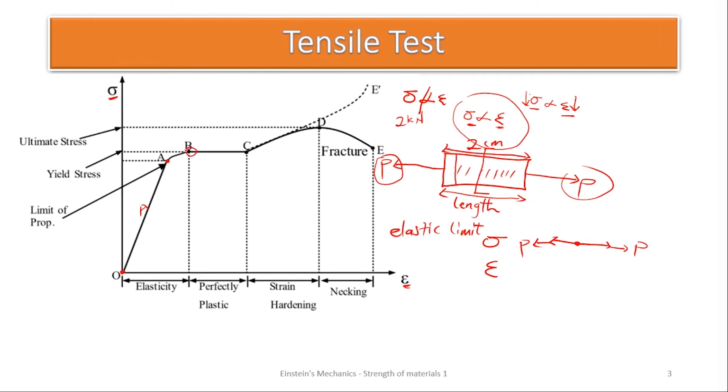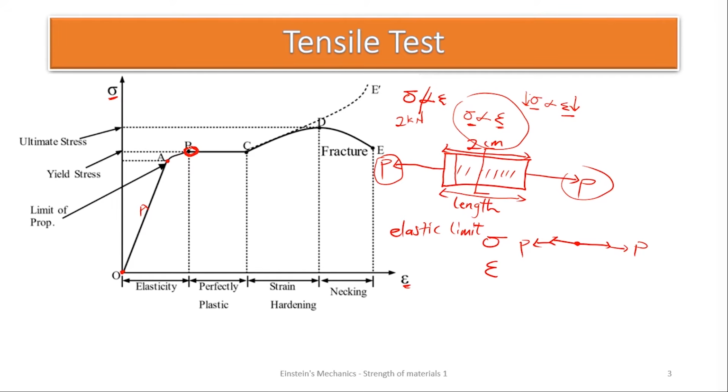That's what we call the yield, or we reach the elastic limit. At B, it is still in the elastic limit. Remember, at B, it is not in the proportional limit, meaning the stress here is not proportional to the strain.